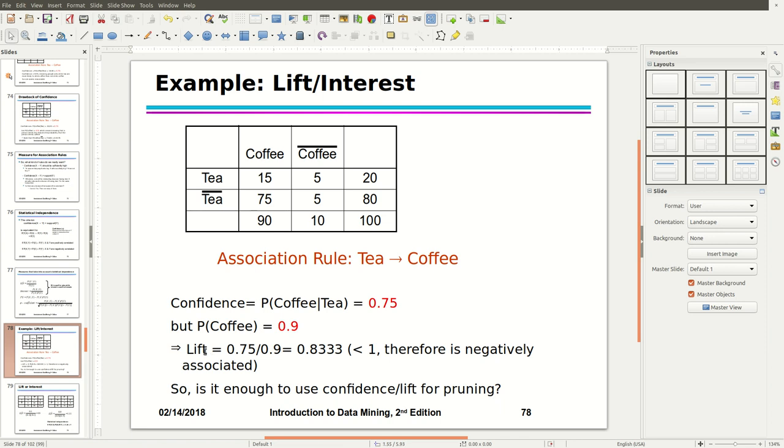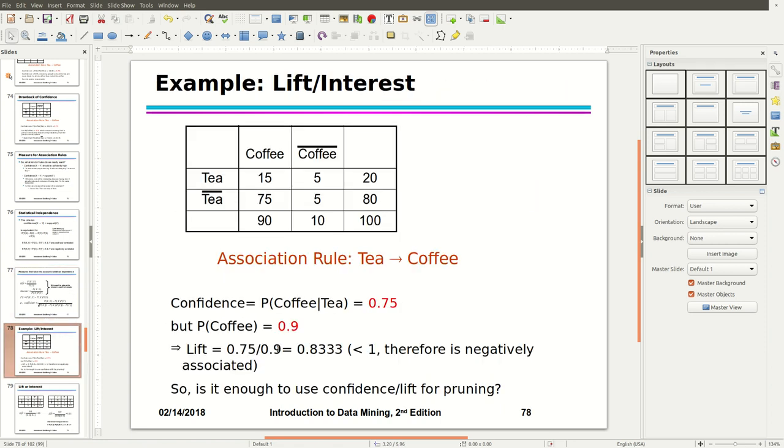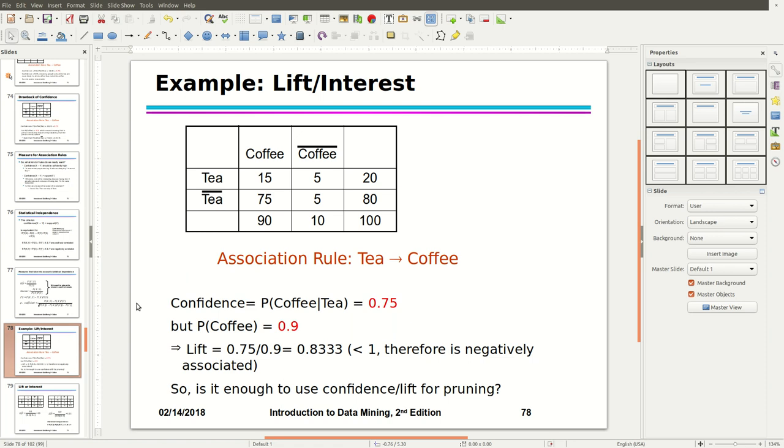So you can look at lift here, and lift is calculated using this formula, and if you put in numbers there, then probability of y given x, you can maybe say coffee is x and tea is y, or vice versa. So 0.75 divided by 0.9.